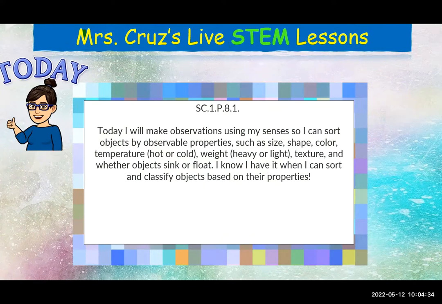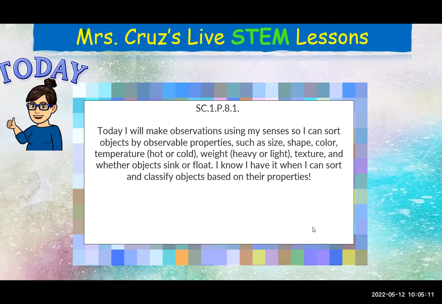It says, today I will make observations using my senses so I can sort objects by observable properties, such as size, shape, color, temperature, weight, heavy or light, or even texture and how things can sink or float. You know this lesson and you can do it if you can sort and classify objects based on their properties, okay?